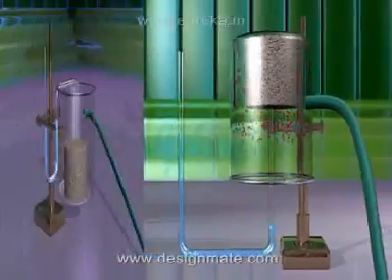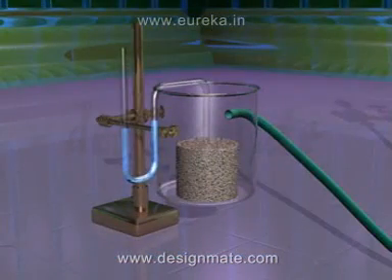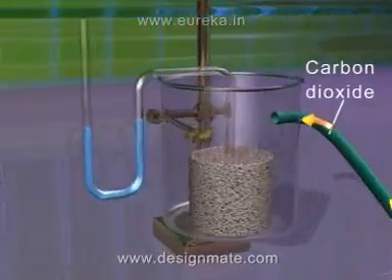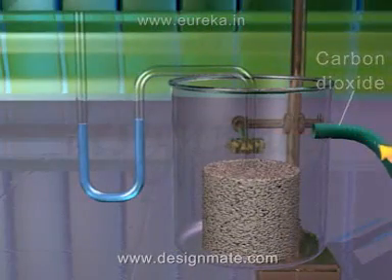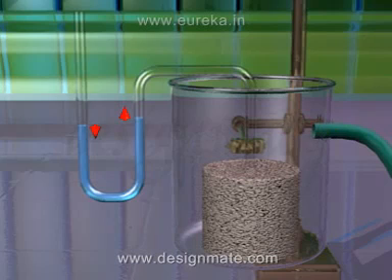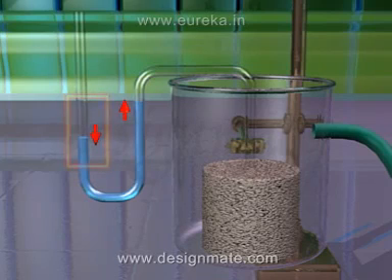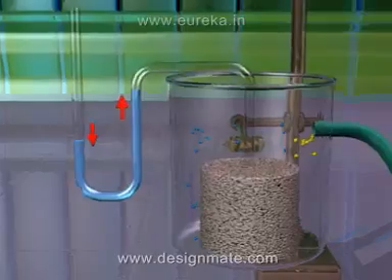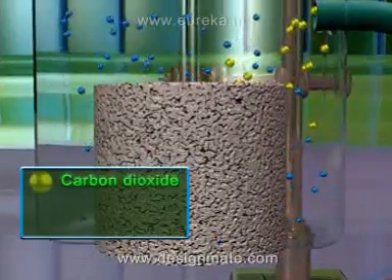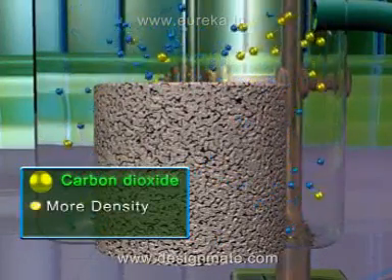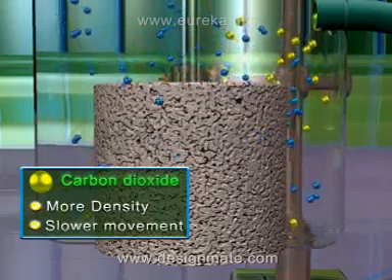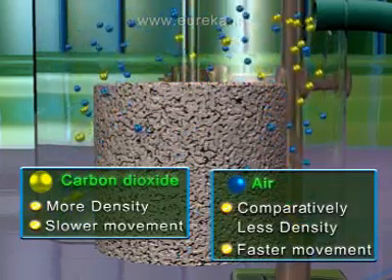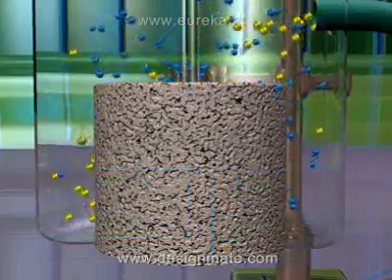Now, change the setup so as to replace the hydrogen supply with carbon dioxide. This time the level of liquid in the closed end increases, while the level of liquid in the open end decreases. Here, the carbon dioxide molecules are denser. Hence, they push the air molecules upwards and sink to the bottom of the container.